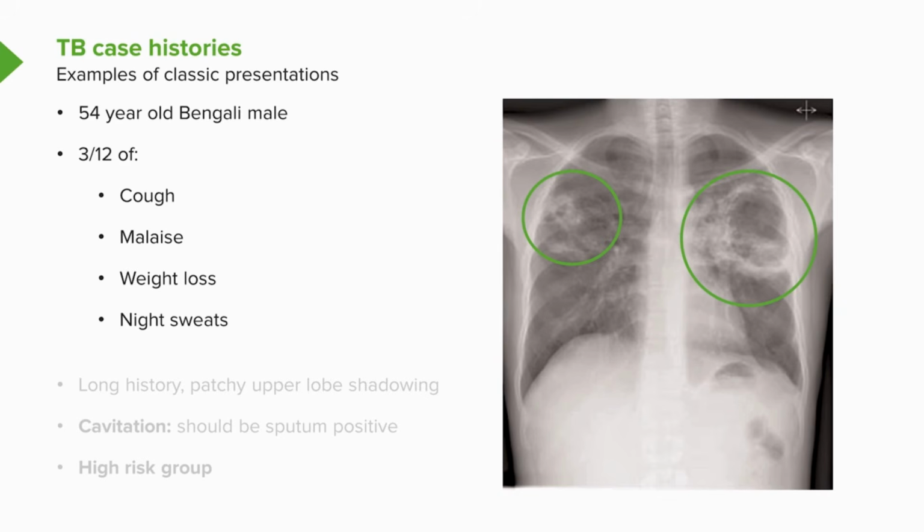And this is a very classical presentation for somebody with pulmonary tuberculosis. Systemic symptoms, cough, and a chest X-ray showing upper lobe changes with cavitation. And given the man was born in India, this is almost certainly going to be tuberculosis because he's from a high-risk group with a very classical presentation of what pulmonary tuberculosis looks like. And his sputum should show acid-fast bacilli because this is a high bacillary load, high bacterial load disease.